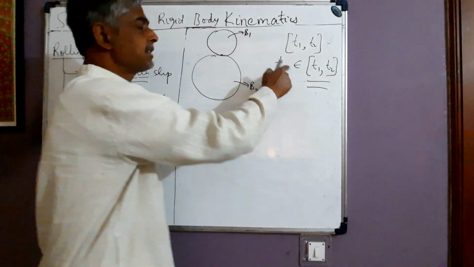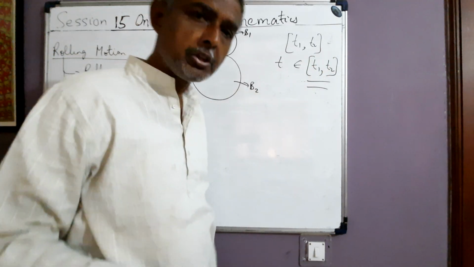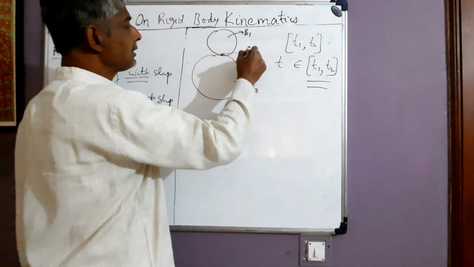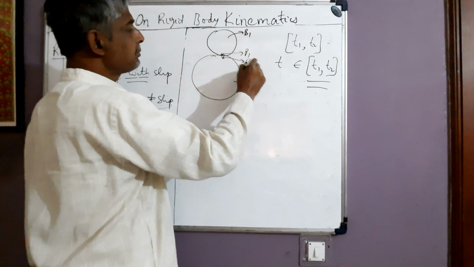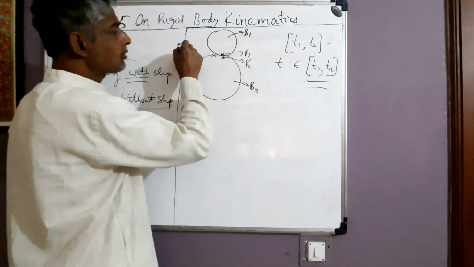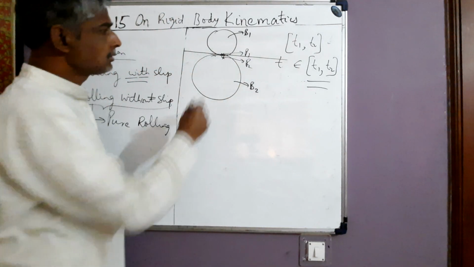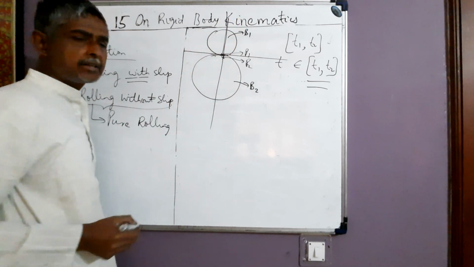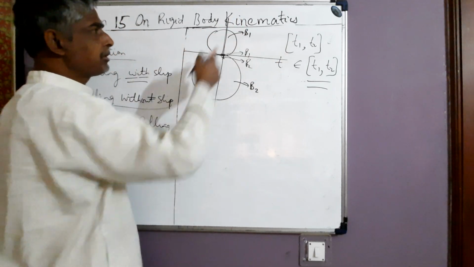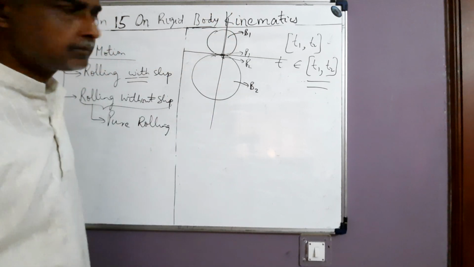We take a certain instant T which belongs to this interval. At this instant, material point P1 of body B1 and material point P2 of body B2 are in mutual contact. This is the common tangent plane at the contact point, and this is the common normal at the contact point.